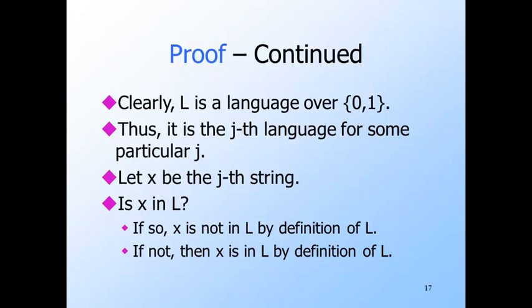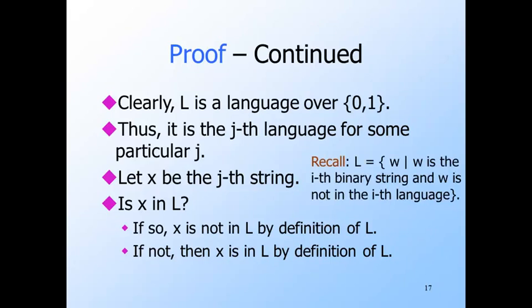Now we can ask, is x in L? It turns out that if it is, then it isn't, and vice versa. To see why, remember the definition of L. L contains w if and only if w is not in the language that corresponds to the same integer i that w corresponds to as a string. So let's focus on the case where w is x, the jth string.